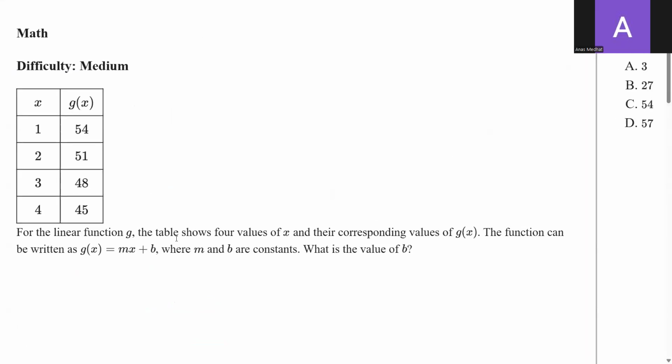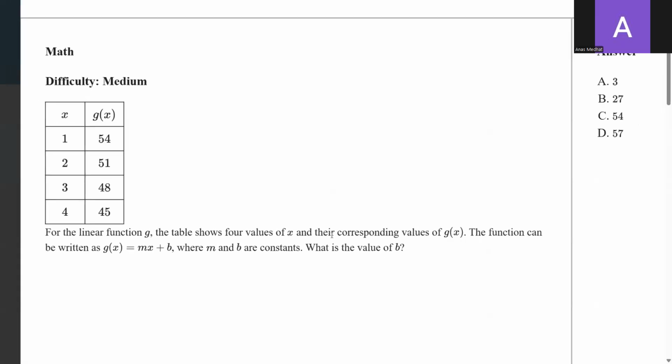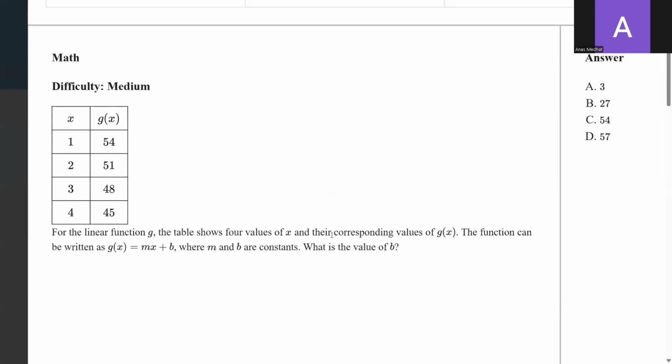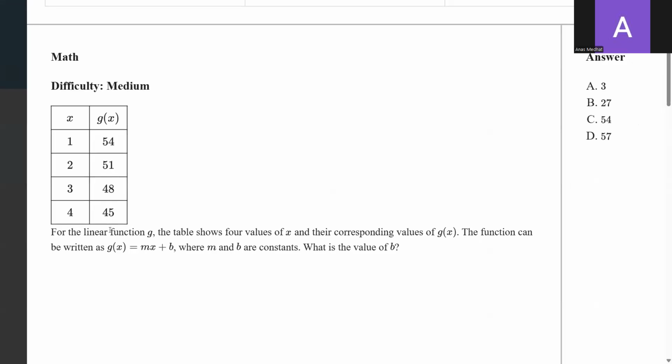For the linear function g, the table shows four values of x and their corresponding values of g of x. So we want the y-intercept. First, as we said, we have to get the slope and then substitute one of the points to get the y-intercept. Let's get the slope, this minus this, or this minus this.